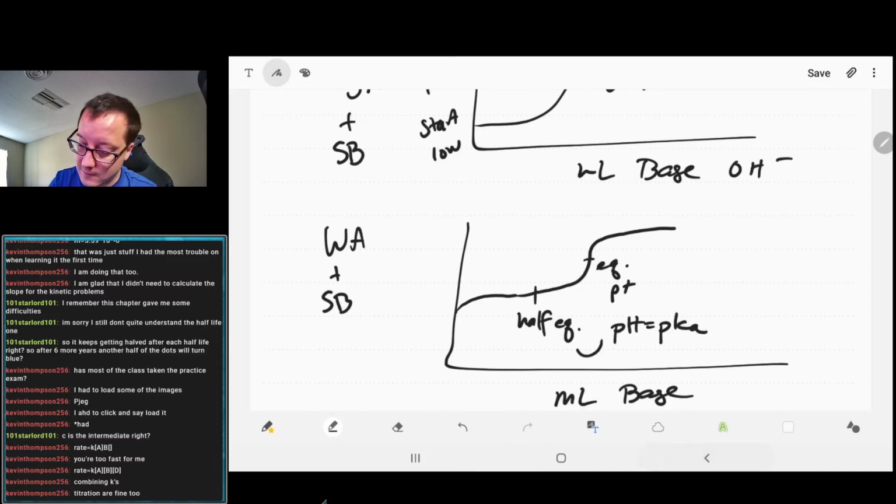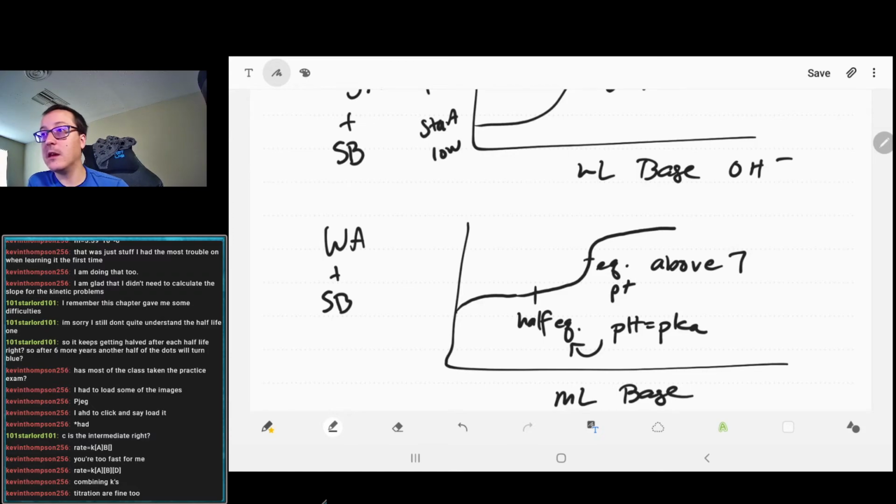So don't forget that. Your equivalence point will be above 7 because you're going to end up having your weak base left over. The conjugate of your weak acid is going to be present in solution, which causes it to be basic. So your pH will be above 7 at your equivalence point. And we also start fairly high, so we're not going to start down at the 1s or 0s for our pH. We're going to start maybe 3, 4, 5 as our pH there. So start kind of just medium low there.